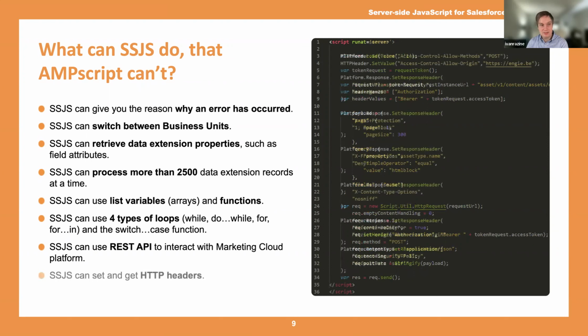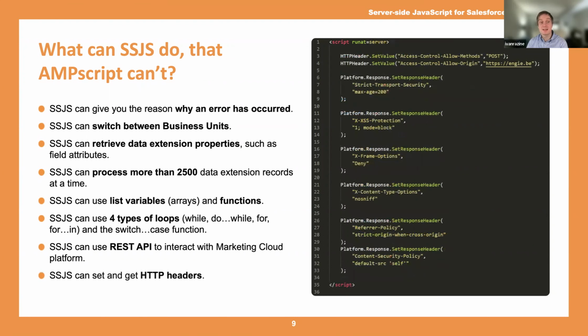And the last one is server-side JavaScript can set and get HTTP headers. So HTTP headers is something that is sent while you send information, your data from one page to another. That request includes some headers. Those headers can be set by a cloud page, for example, on the Marketing Cloud side to respond with other sets of headers.